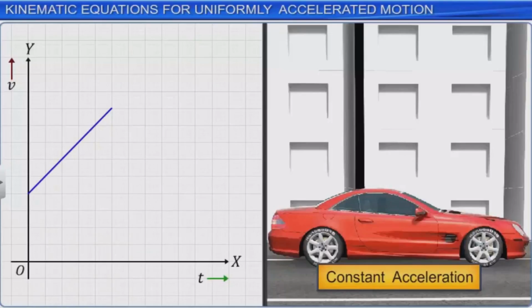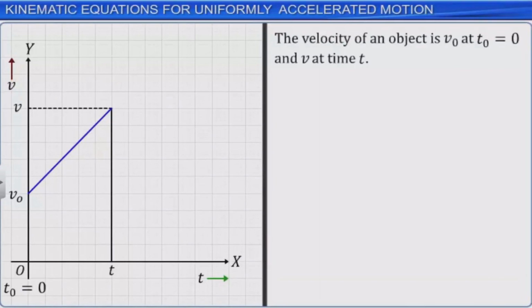The first equation is the relation between initial velocity v0, final velocity v, uniform acceleration a, and time t. The velocity of an object is v0 at t0 equal to 0 and v at time t.